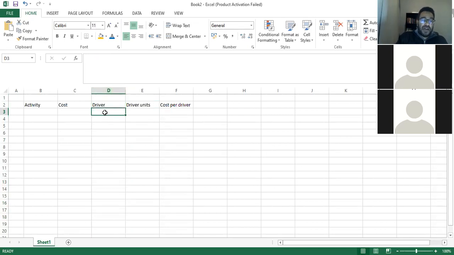And I'll show you when we do the question, just having the actual driver staring in your face. When you plug in this number and you glance over to that, you'll be able to pick up whether you're making a mistake or not. It's very easy to make a mistake with the driver units.